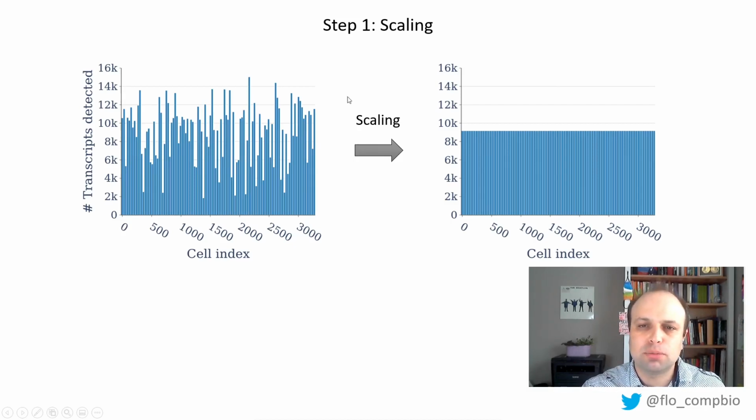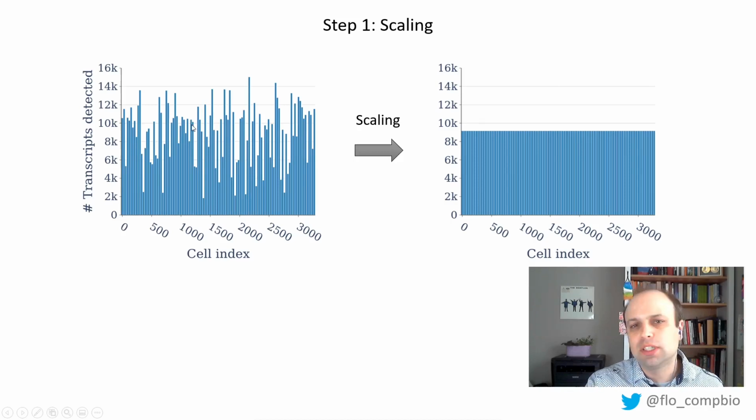The second purpose of this step is that even when you have cells from the same cell type, because of technical noise, because of differences in how well the chemistry works inside each droplet, you get a lot of variation even between cells from the same cell type. That doesn't have to be biological.